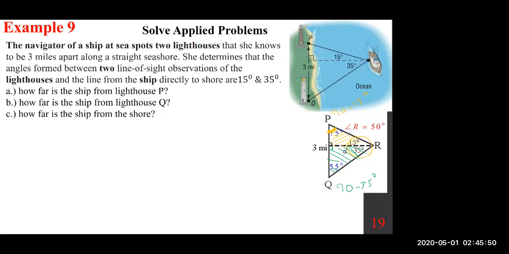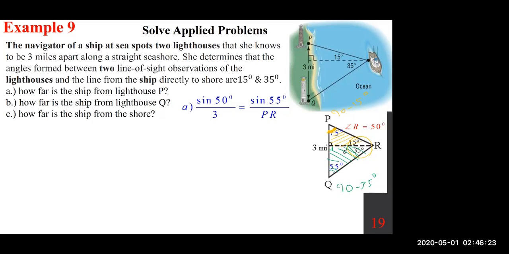You have the sine law to use because you have one side and all the angles, so you can find all the sides. It's really not a big deal. For example, sine of 50, because angle R is known to be 50, and opposite that is known to be 3, so we use that. And then for Q, that would be sine of 55 degrees.